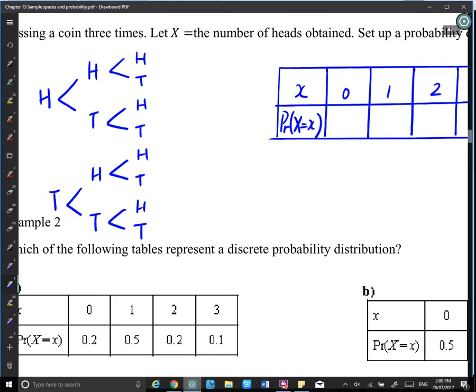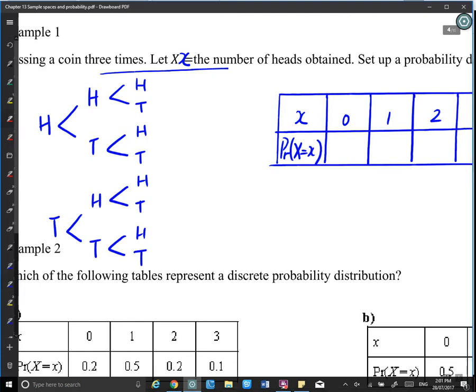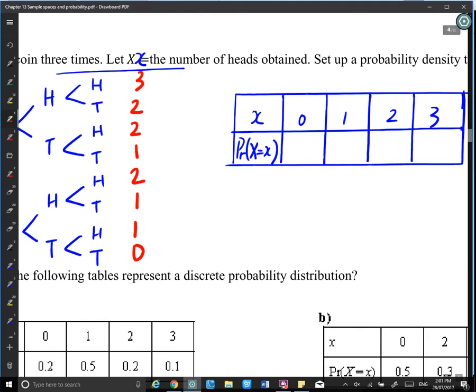Okay, let's have a look at each outcome. What X do you think it will be? Let's say that's X for each outcome. Okay, in the first outcome, how many heads have you obtained? First outcome, 3. Second, next, 2, 2, 1, 2, 1, 1, last one, 0. Okay, so each of these outcomes gets a probability 1/8.